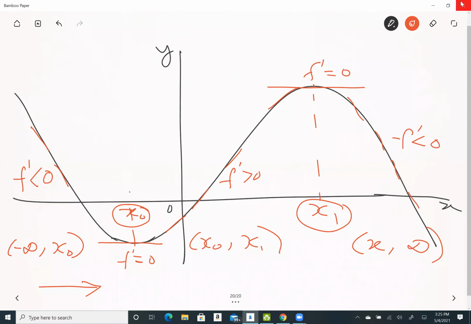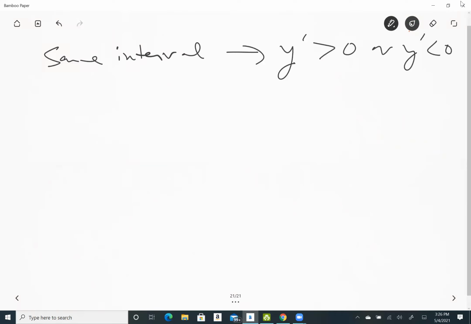So over one interval, normally we have the same sign for the derivative. If it is positive at one point, it will be positive everywhere. Over the same interval, you have the same y prime, y prime bigger than 0 or y prime less than 0.